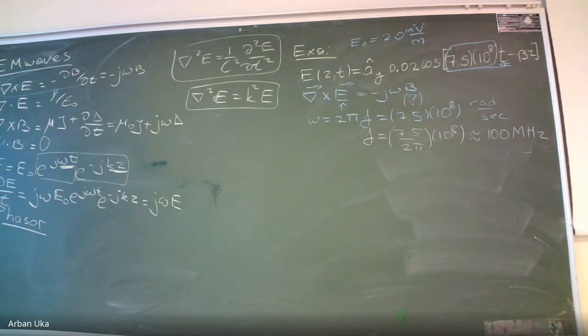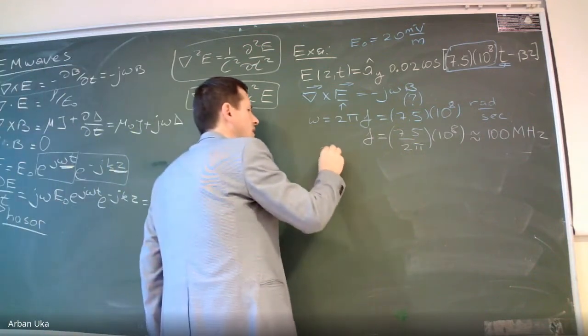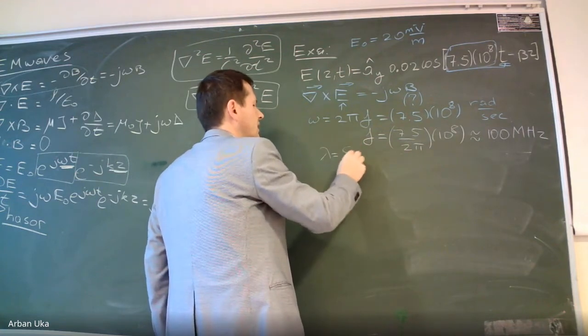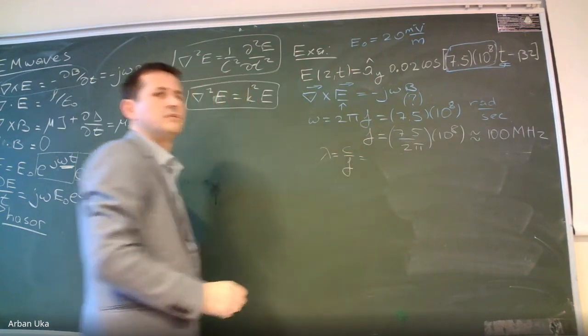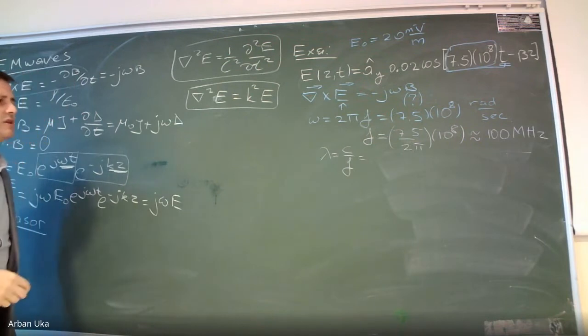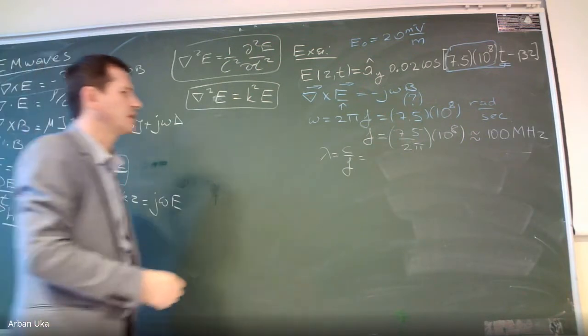What else can we extract from here? If we know the frequency, we can also find the wavelength. Speed of light, that's true. We can also check the units. The units can remind us of the correct expression.